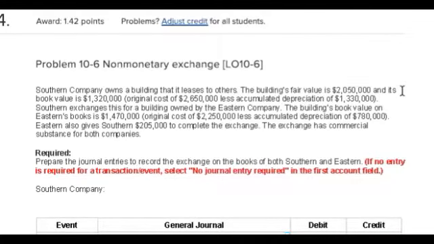So since the other party had a value that's less than that, this Southern Company received 205,000 from Eastern Company. So the newly acquired building should be costed at the fair value of Southern Company's building that it is giving up, minus cash received from the other party.